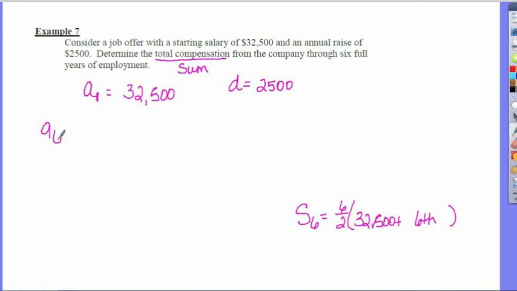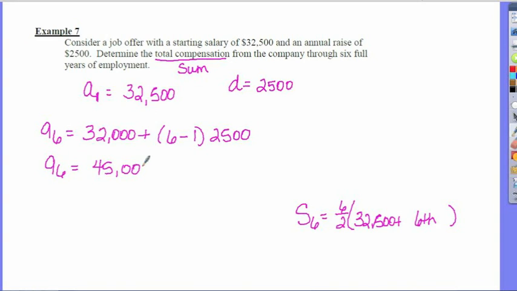Your 6th year's salary is going to be your first year's salary, A1, plus 6 minus 1 times your difference. And 6 minus 1 is 5 times 2,500 plus what you started with. So in year 6, you're making $45,000.